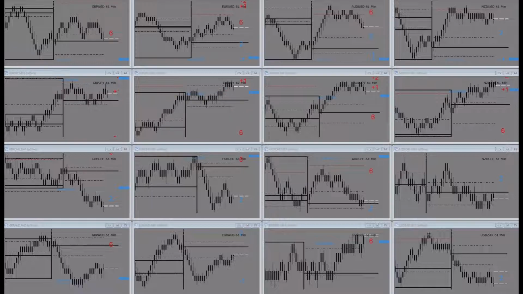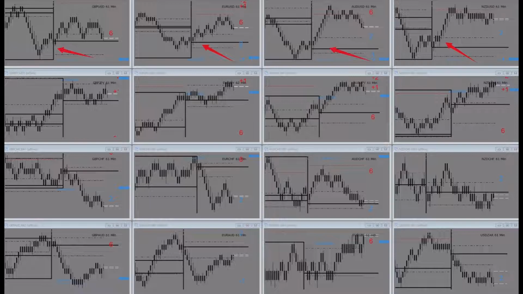So again, we want to make sure that we see some type of consolidation or disparity and see what our majors are doing. If our majors are already in a trend phase, that's fine.